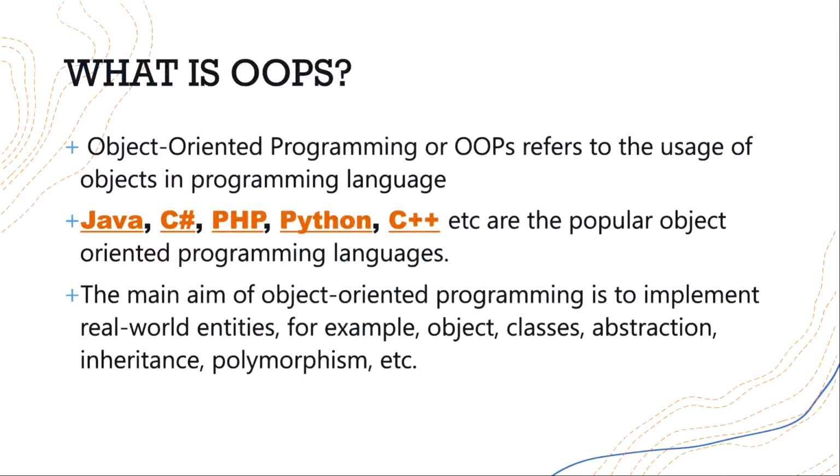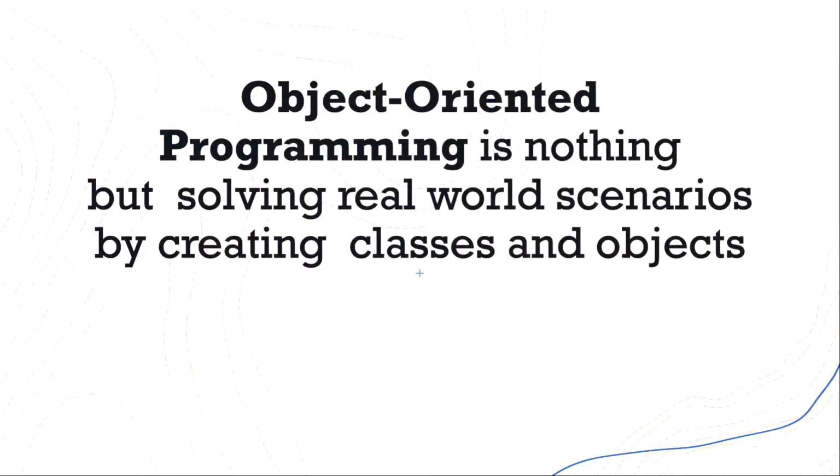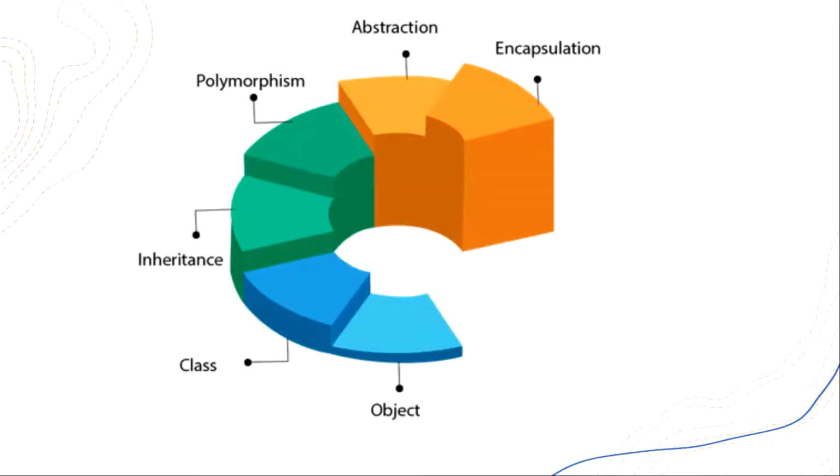So, summarizing, object-oriented programming is nothing but solving real world scenarios by creating classes and objects. There are many concepts in object-oriented programming, like object, class, inheritance, polymorphism, abstraction, encapsulation.